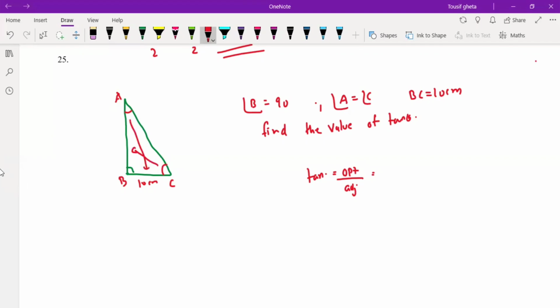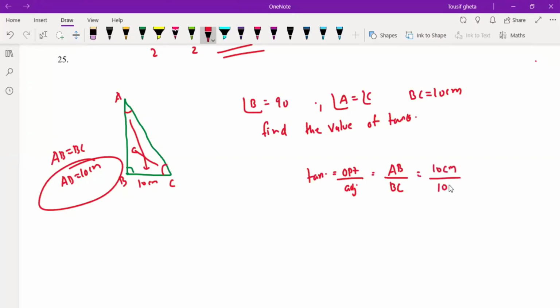So AB is equal to BC. BC is 10, so AB is also going to be 10 centimeter. So opposite by adjacent: opposite is AB, adjacent is BC. AB value is 10 centimeter, BC value is also 10 centimeter. So 10 gets cancelled. Value of tan will be 1. That was the last MCQ of this video.